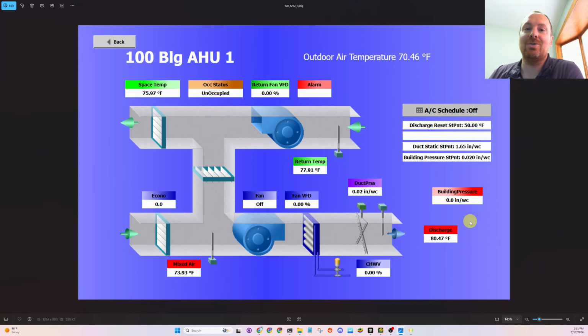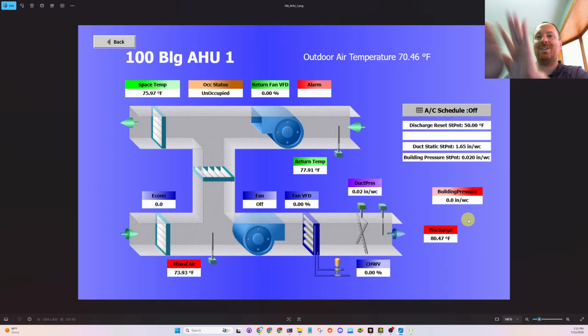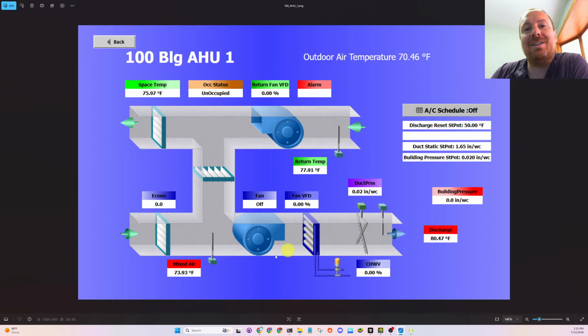Or the notorious shoulder season building where the door is blown open and someone has to go shut the door, because I bet you $10 that there's an air handling unit on the inside where one of these dampers is not working correctly.